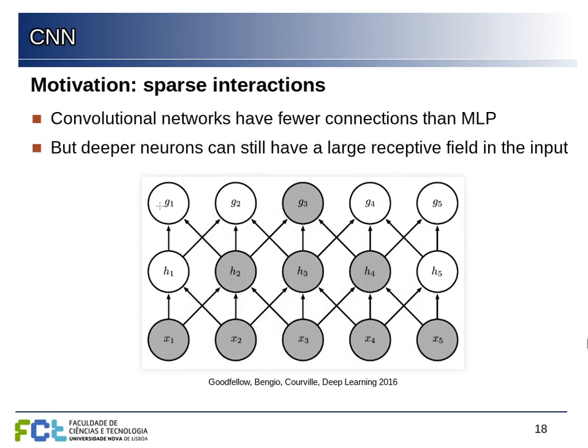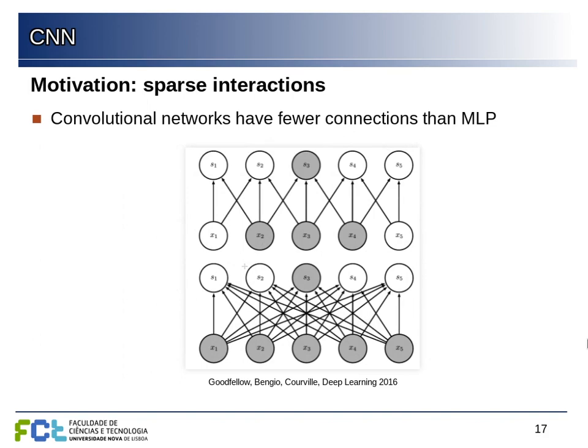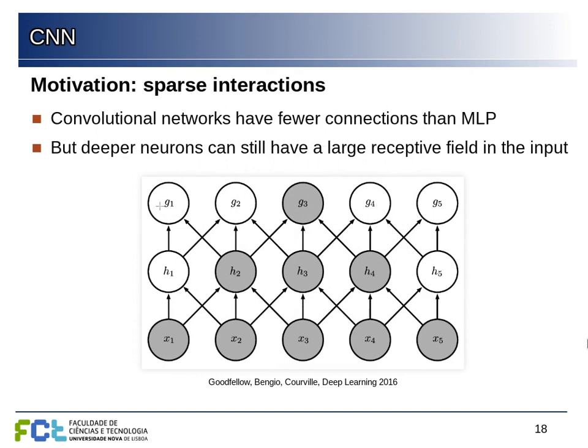Note, however, that even though this neuron here has a small receptive field, if we stack convolution layers, so if this convolution layer is receiving the output of this layer here, even though each neuron here only has a receptive field of 3 values on the input, this one has these 5 values here because it's looking at the outputs of these neurons in the hidden layer.